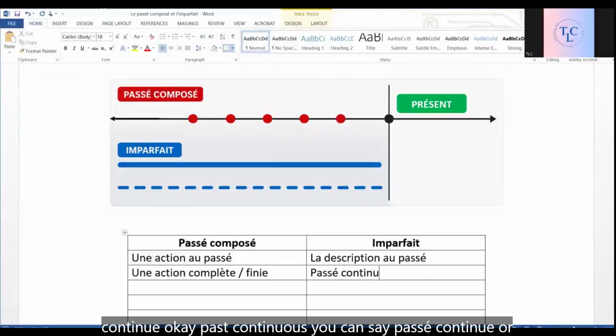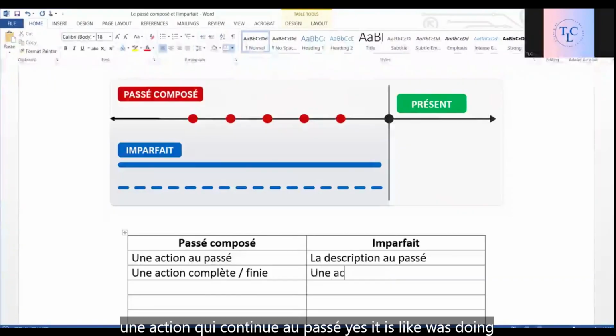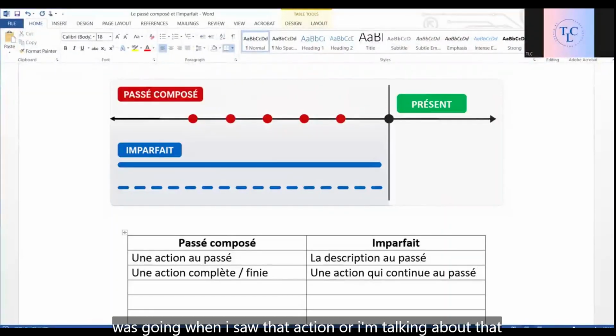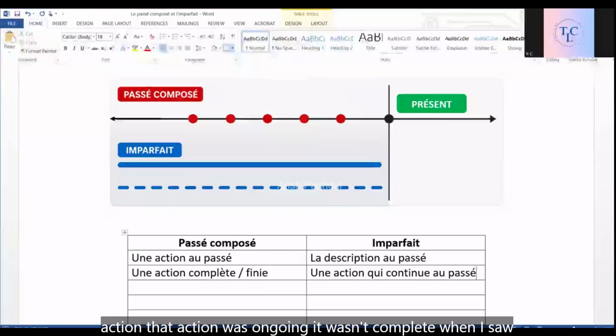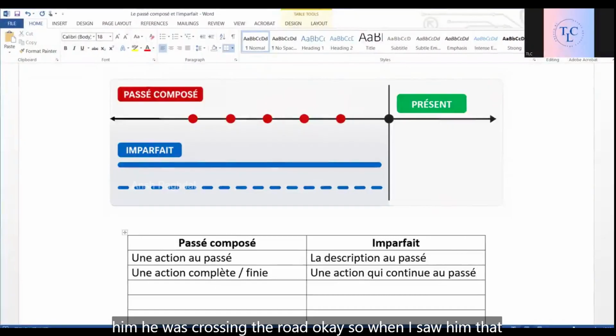Past continuous, you can say passé continu, or une action qui continue au passé. It is like was doing, was going. When I saw that action, or I'm talking about that action, it was ongoing. It wasn't complete. When I saw him, he was crossing the road.